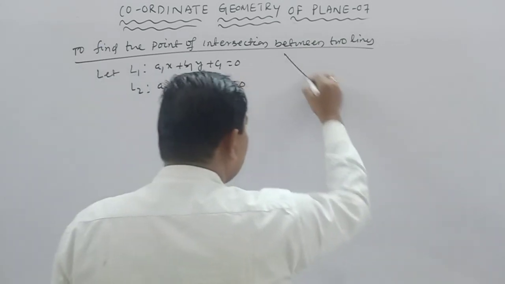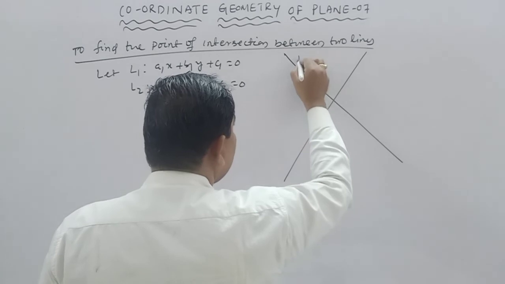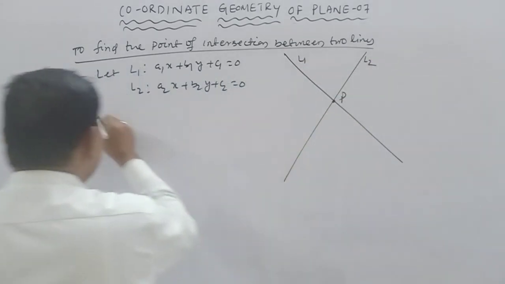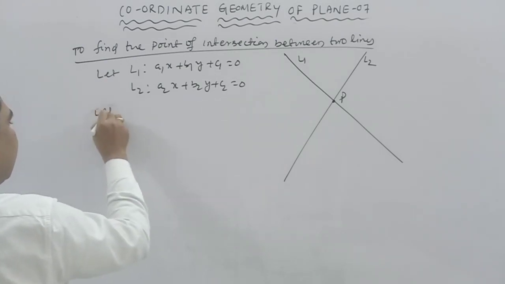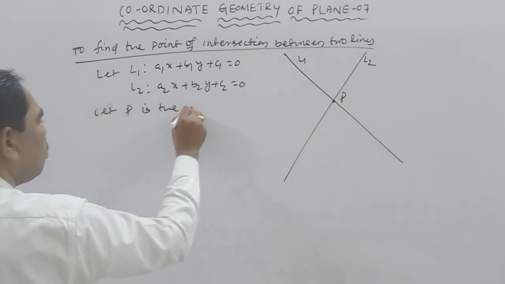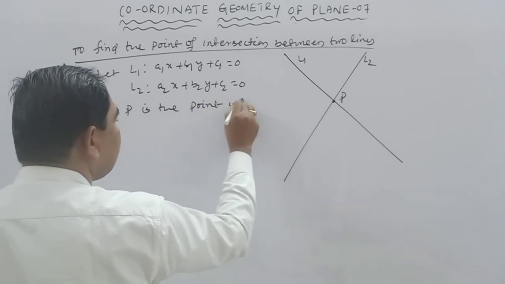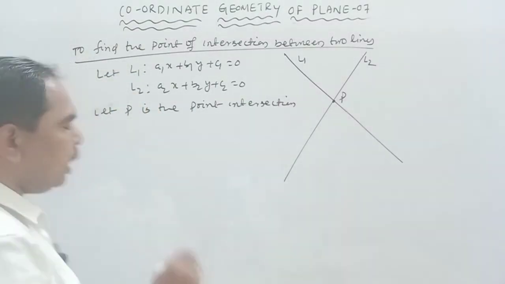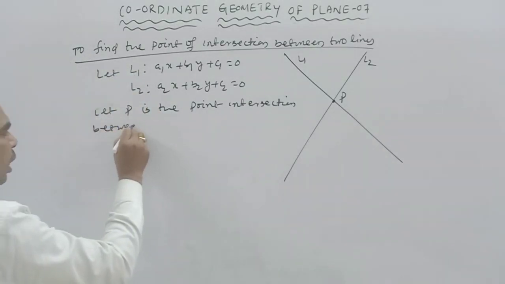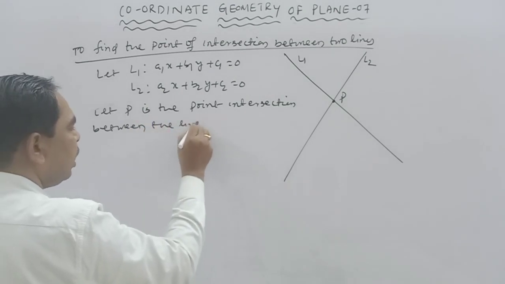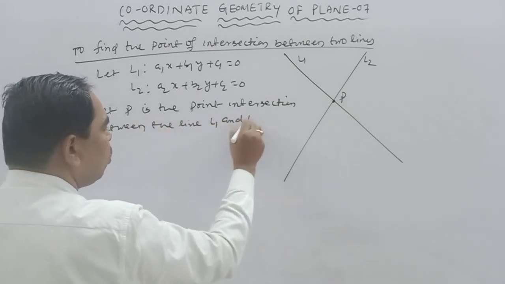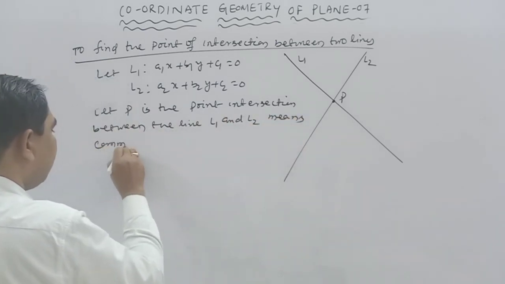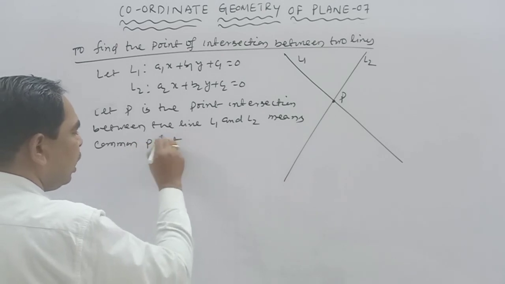This is one line, L1, and this is another line, L2. This is the point of intersection P. Let P be the point of intersection between the lines L1 and L2, meaning the common point between the two lines.